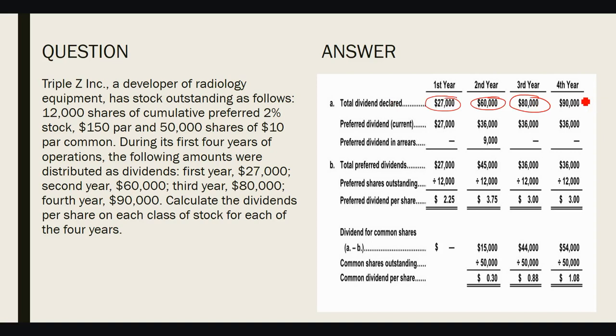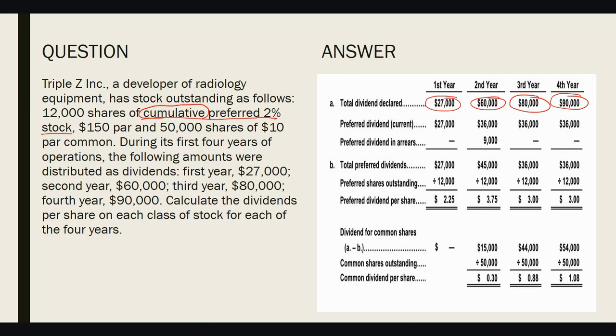Now, the key word that we need to be aware of is cumulative preferred stock. This is important because cumulative means that this preferred stock is supposed to receive an annual distribution of dividends.